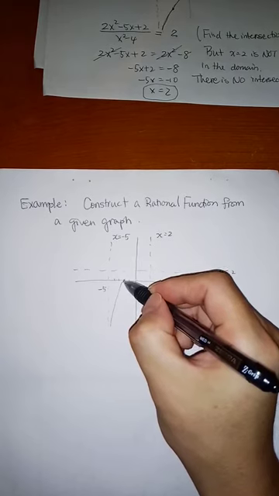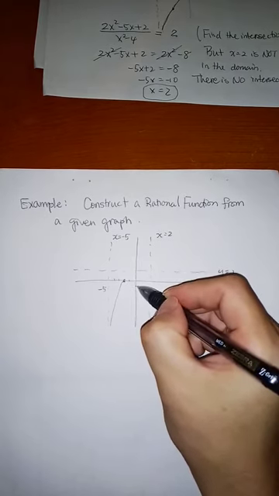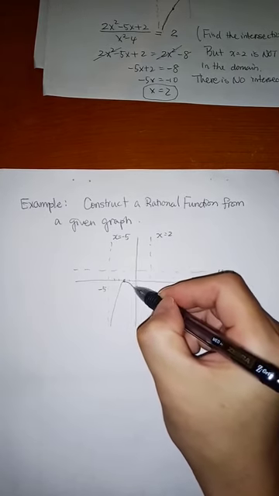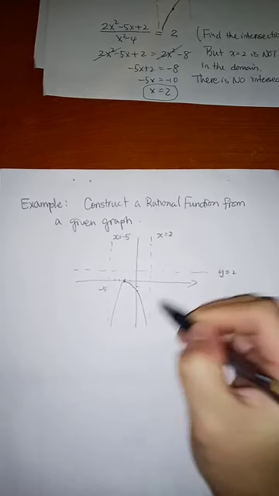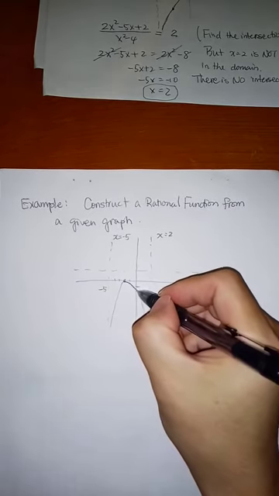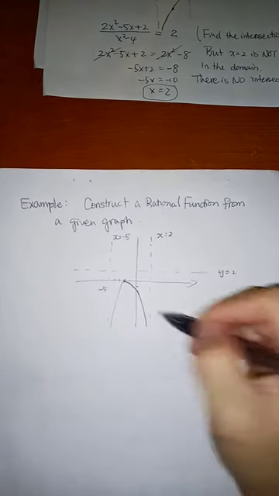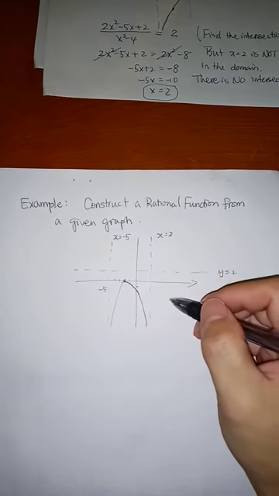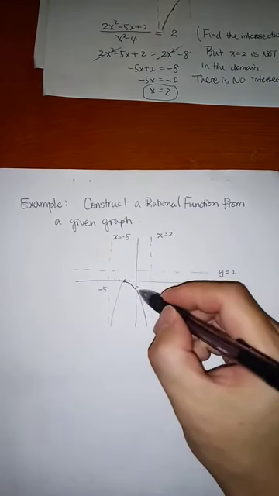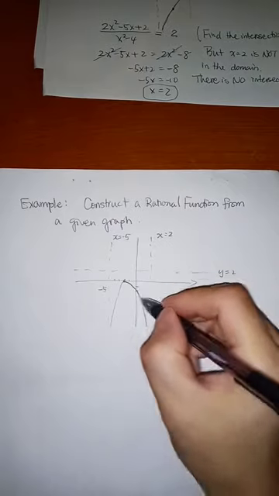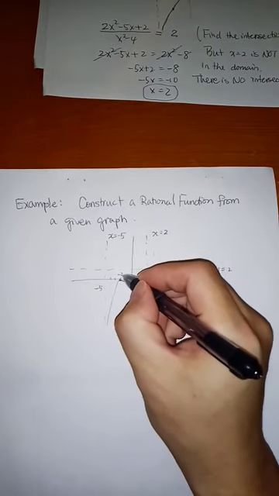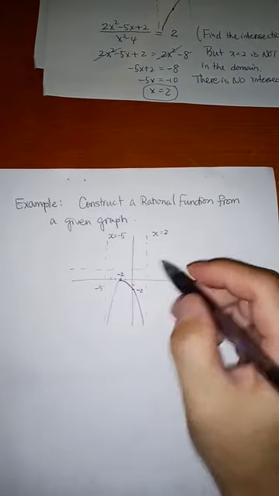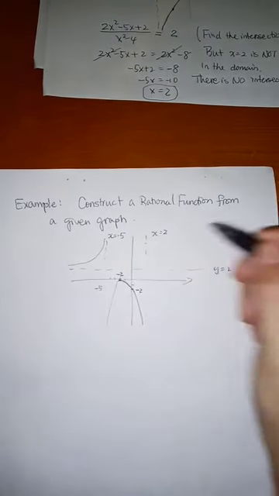Okay, at this point, it touches the x-axis. Here it intersects at y equal to -2. This is -2. This is -2. And this part is like this.